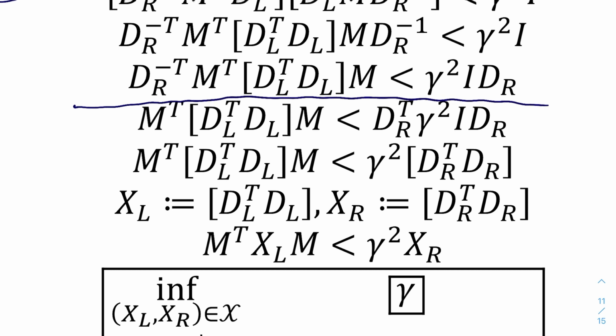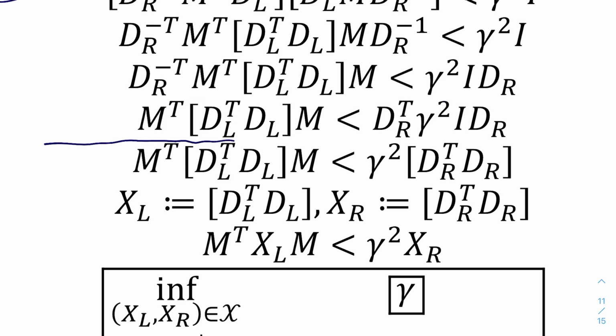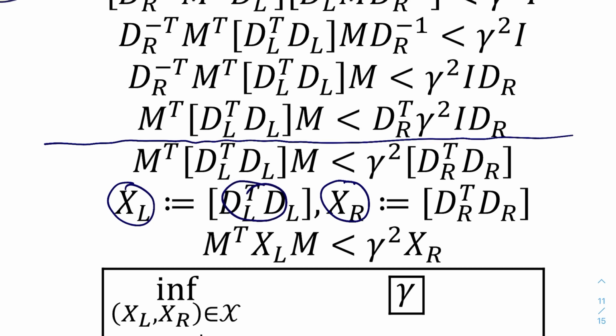This is the part we need to focus on. Let's call this term XR, and let's call this term XL, left. This will be our problem, and this is in LMI form. In addition, this is unknown and this is also unknown, but they appear in linear form.